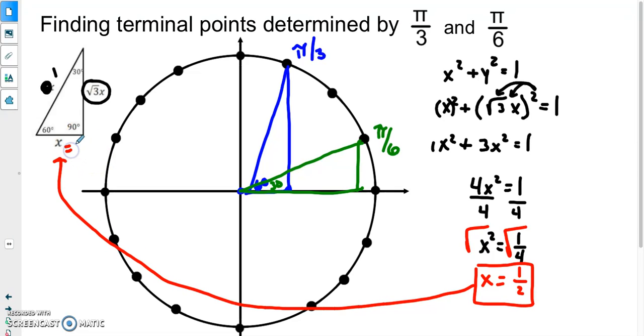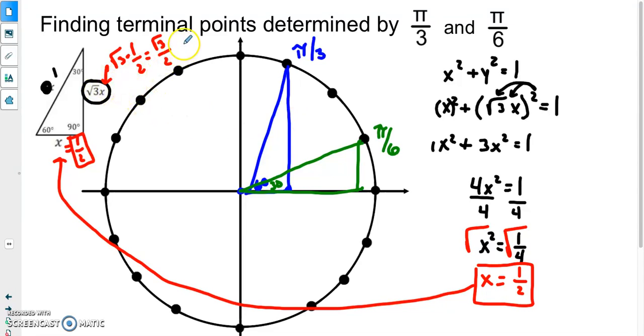So if x is 1/2, the short leg is 1/2. Anytime I see a short leg, it's going to be 1/2. If I substitute the 1/2 in for this little expression here, I have radical 3 times 1/2. Multiply the numerators: radical 3 times 1 is radical 3 over 2.